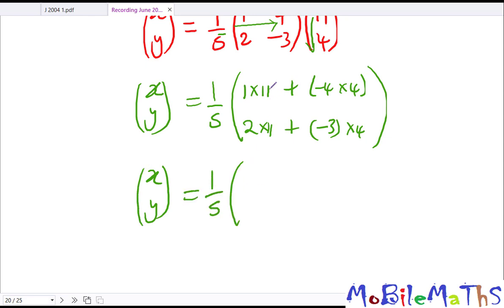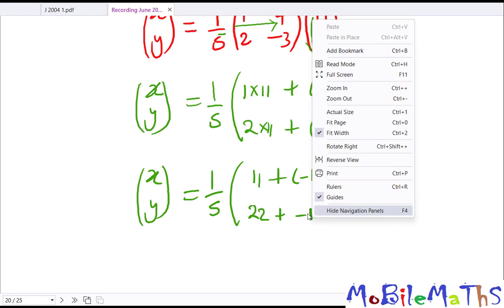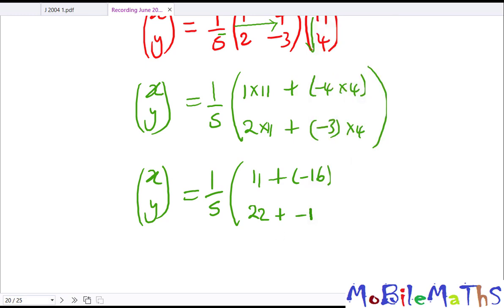So I have 11 plus minus 4 by 4, that's a plus minus 16. Then below, 2 by 11, that's 22, plus minus 3 by 4, that's a minus 12 here.